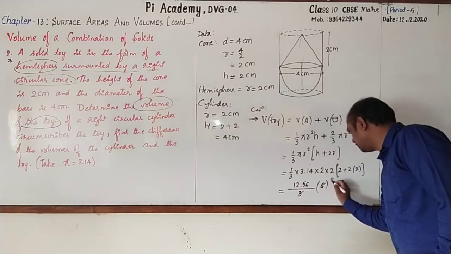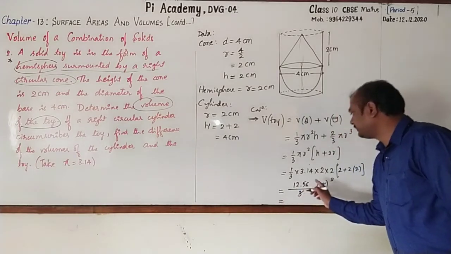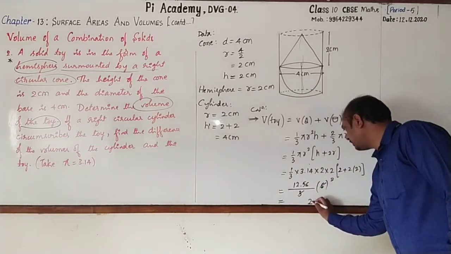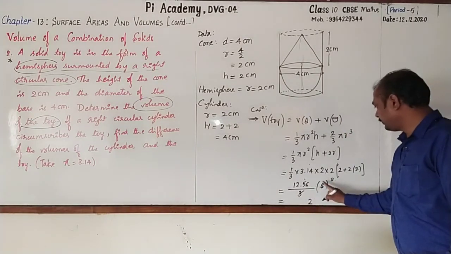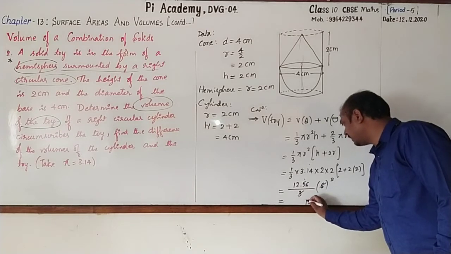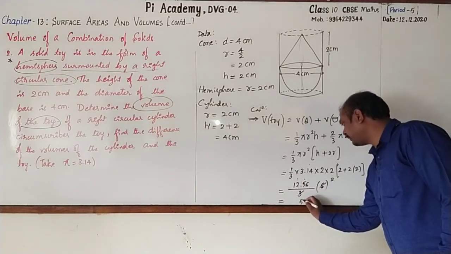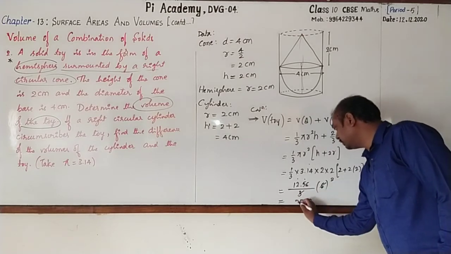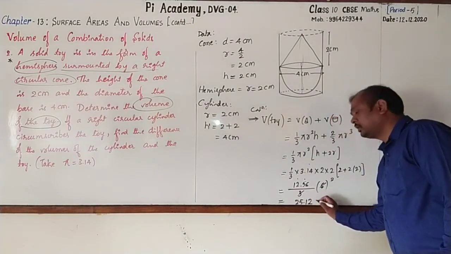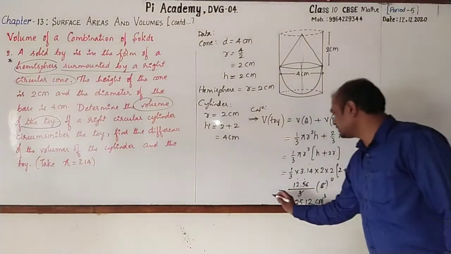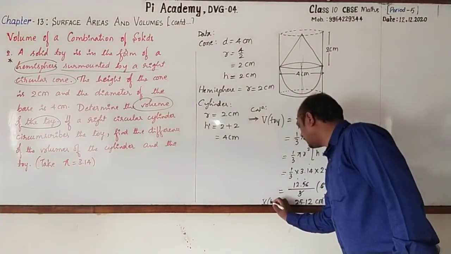Now multiply this: 12.56 into 2. 2 6s are 12, carry 1. 2 5s are 10 plus 1, 11, carry 1. 2 2s are 4 plus 1, 5. 2 1s are 2. It is 25.12 centimeter cube. This is the volume of the toy.